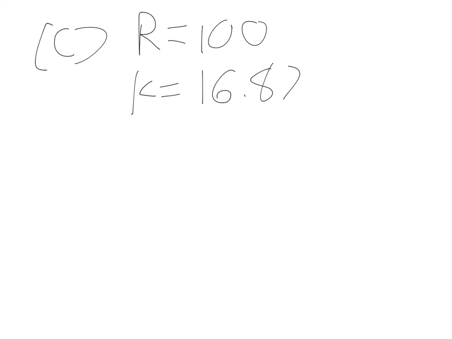Now for part C, it asks, using the same value of k, what blood alcohol content corresponds to a relative risk of 100? So, here we have r equals 100, and our constant, k. So if we plug those in, we need to find what blood alcohol content corresponds to this relative risk factor.